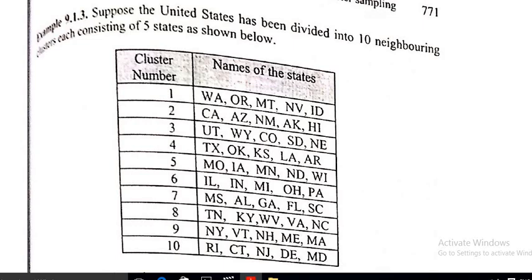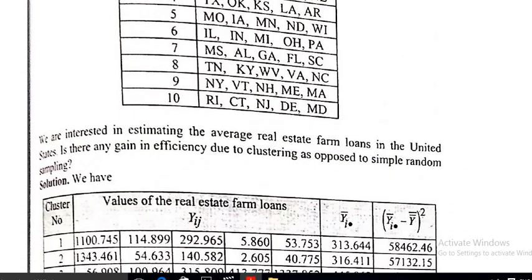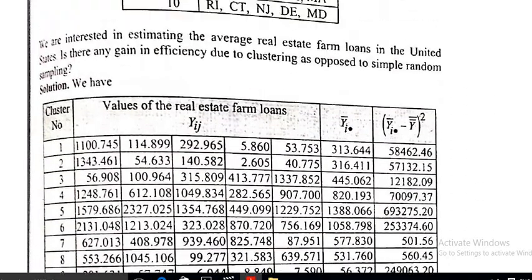And now we have given here the real estate farm loan values of these 5 states. This is the mean of the clusters, and this is the overall mean, taking deviations from the mean of the clusters and the overall mean, and taking squares.